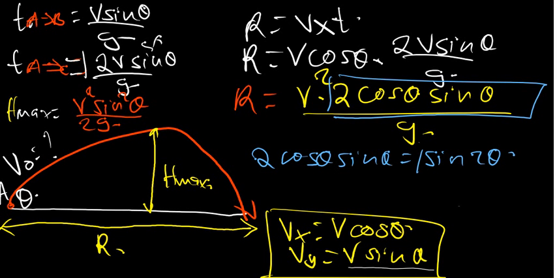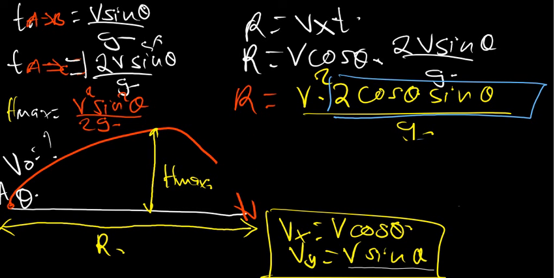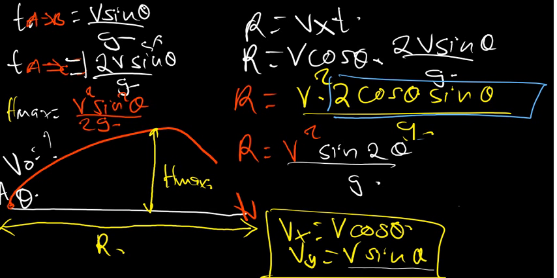So I'm going to replace this part here with sine 2 theta. Then my range is going to be equal to V squared sine 2 theta. So this is going to be my formula for calculating the range.